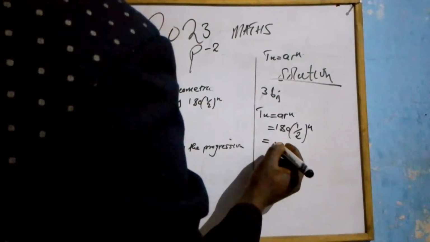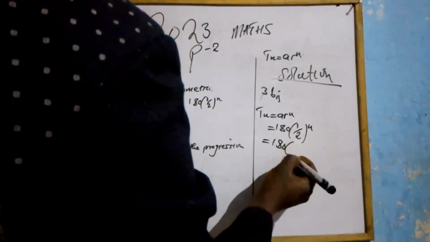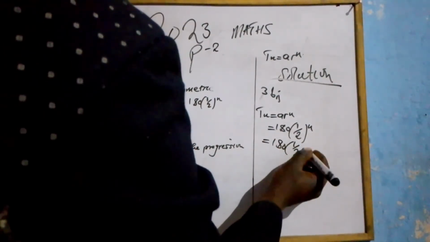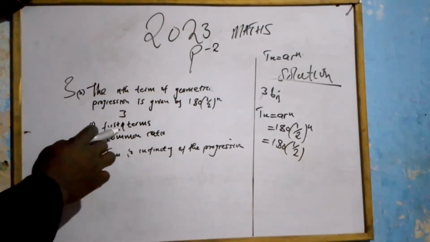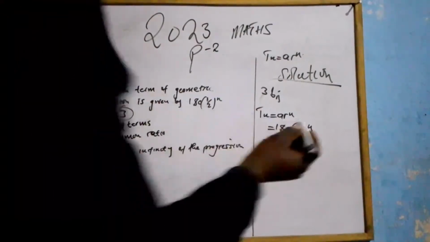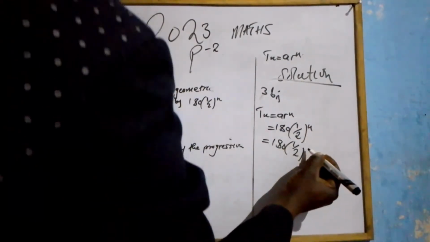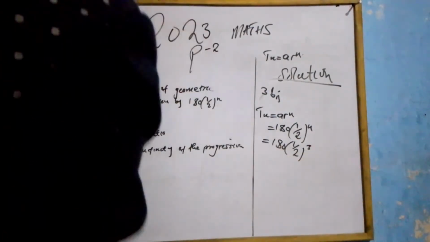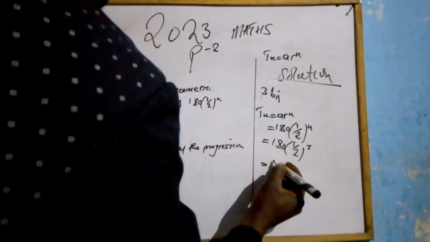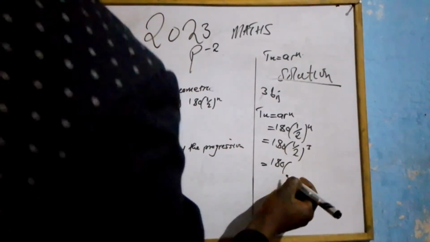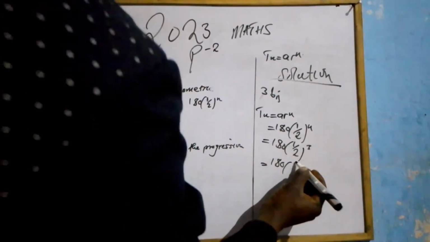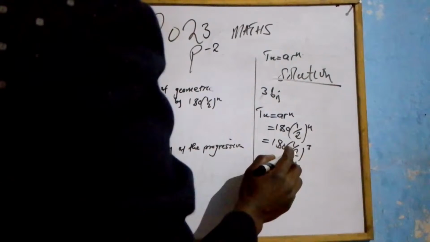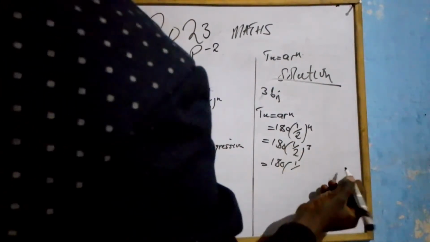For the first three terms, we are going to substitute n with 3 here, which gives 180 open bracket 1 to the power 3, it is 1, then 2 to the power 3, it is 8.